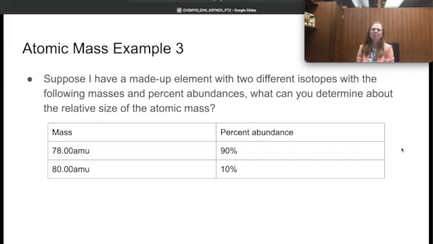So when I'm thinking about the fact that my atomic mass is a weighted average, I know that most of my atoms are going to have that mass of 78. So if most of my atoms have a mass of 78, that means that my atomic mass, my averaged mass, is going to be way closer to that 78 than it is to that 80, because I'm taking into consideration that 9 times out of 10, I have that 78.00 AMU when I'm doing that atomic mass calculation.